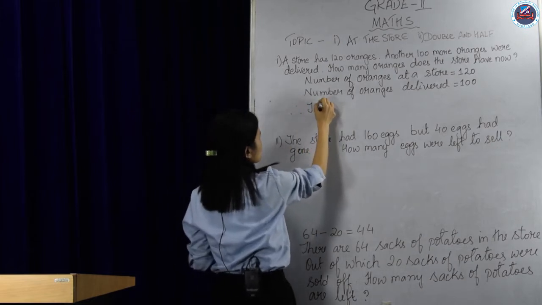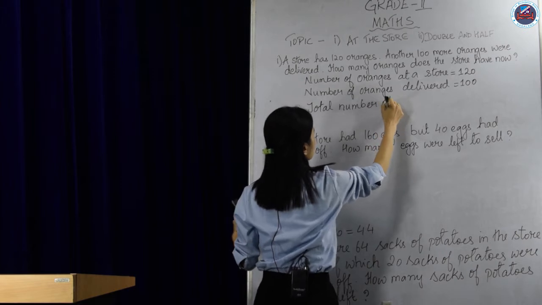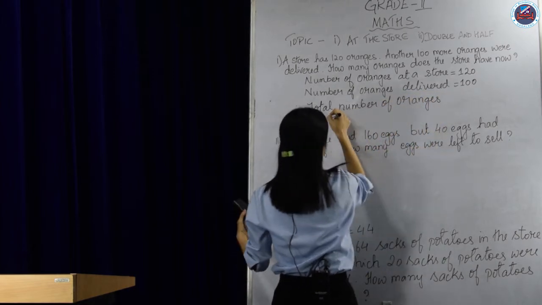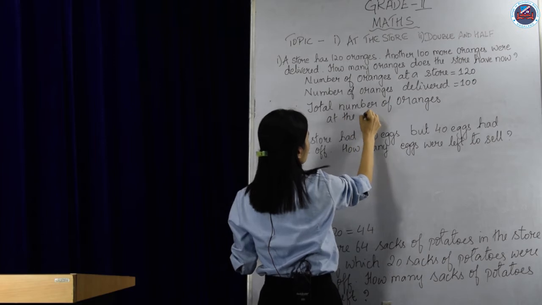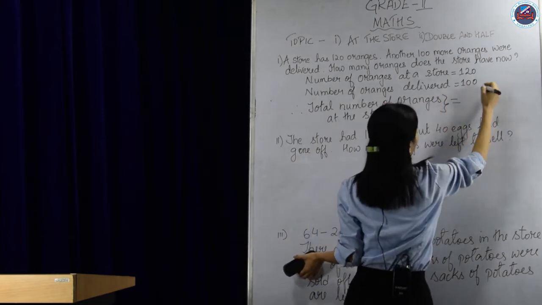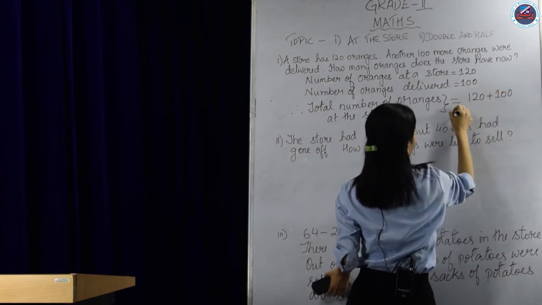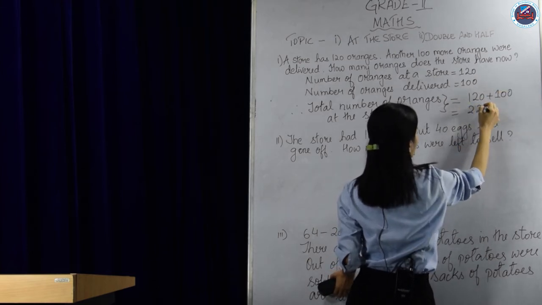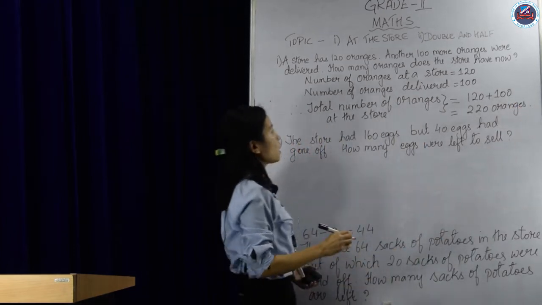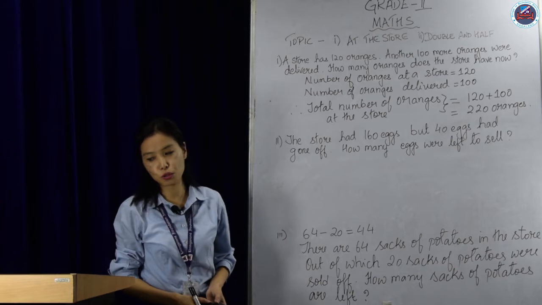Therefore, total number of oranges at the store equal to 120 plus 100. That means 220 oranges. So 220 oranges are there at the store.